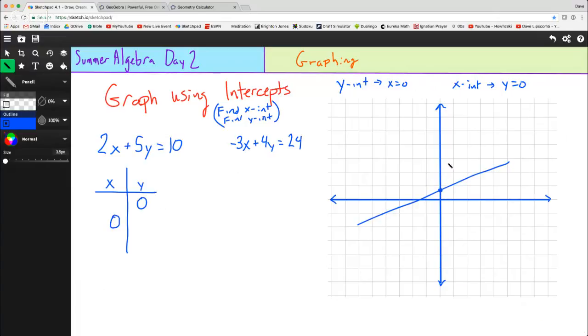Anywhere any line crosses the y-axis, the x-coordinate is 0. Here it's (0, 2/3). Here it's (0, 3 1/4). Here our point is (0, -3 1/2). But in all cases, our x is 0.